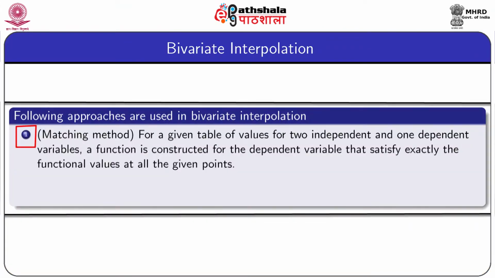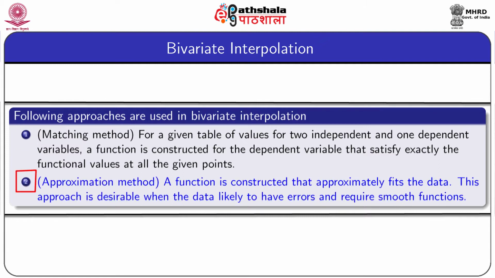Actually, two approaches are used in bivariate interpolation. One is called the matching method and the other is called the approximate method. In the matching method, for a given table of values of two independent variables and one dependent variable, a function or a polynomial is constructed for the dependent variable that satisfies exactly the functional values at all the given points.